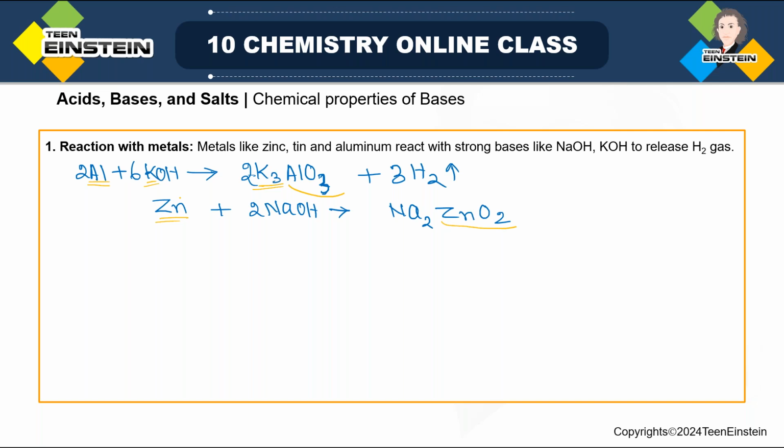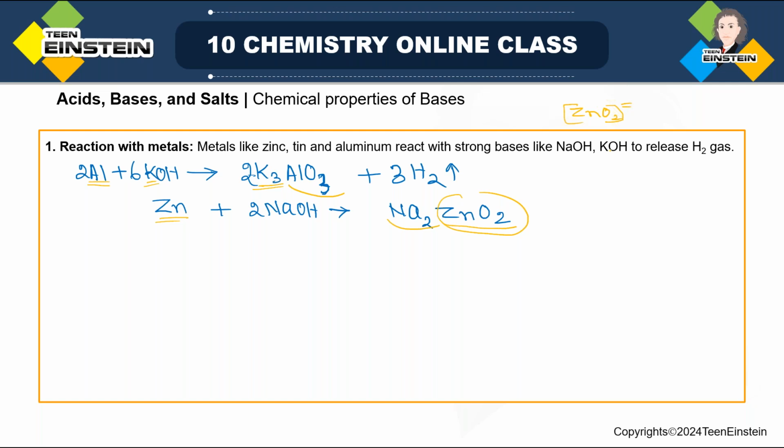And the other metal is now combining with oxygen and making the anionic part. So here Na2ZnO2 that you are seeing, total positive charge is 2 plus. That means total negative charge over ZnO2 will be 2 negative. Okay. So I can just write it here. So ZnO2 2 negative. This is the overall charge.